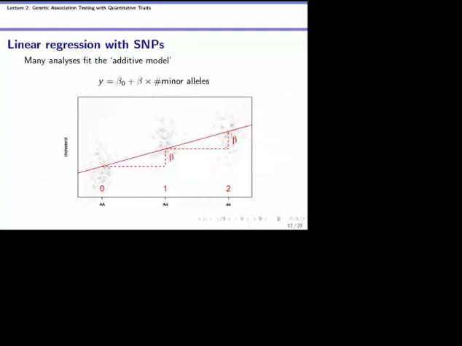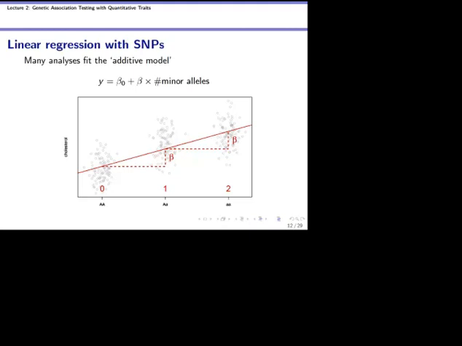So what kind of analysis can we do? Most analyses will fit an additive model. So we have an outcome, beta naught plus beta times the number of minor alleles. This assumes that each time you have a little a allele, that increases your trait value by beta.